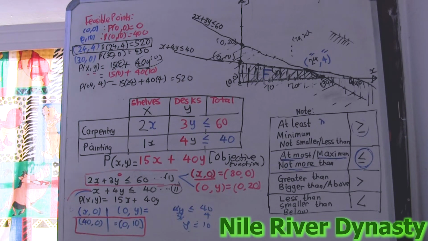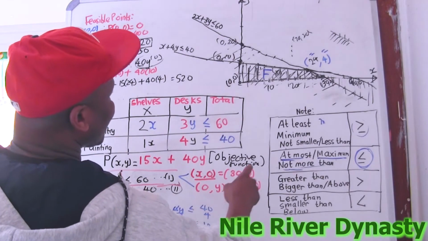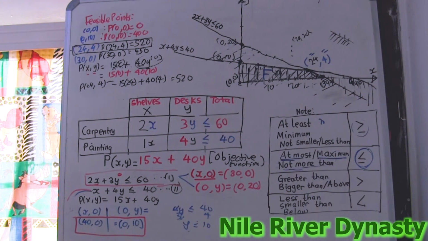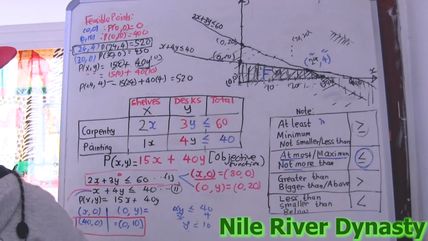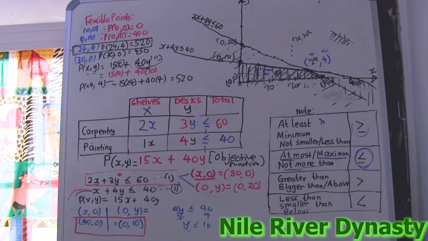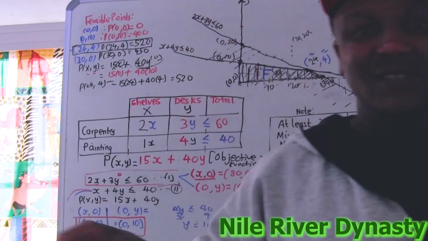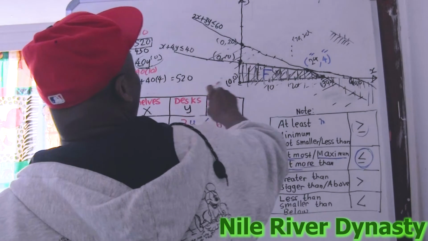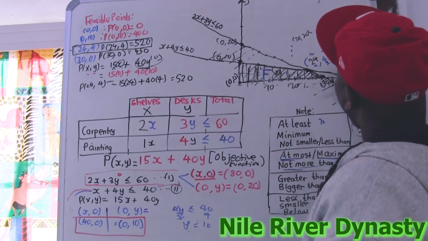Now we go 15 bracket. What is our x for the last one? I just want to make sure. x for 24, and then plus 40. What is your y? y equal to 4. Oh yeah, so this is going to maximize our profit, when x equal to 24 and y equal to 4.